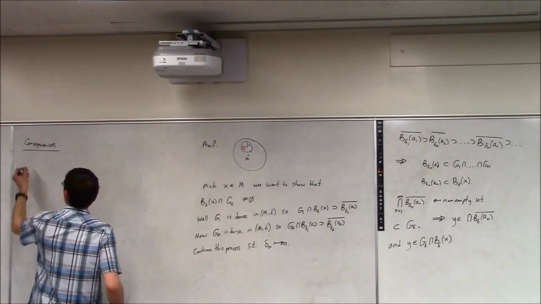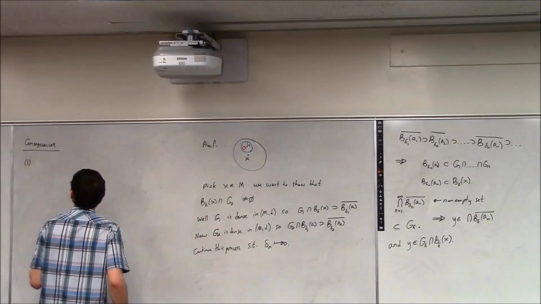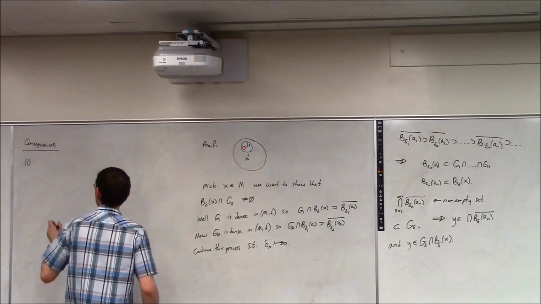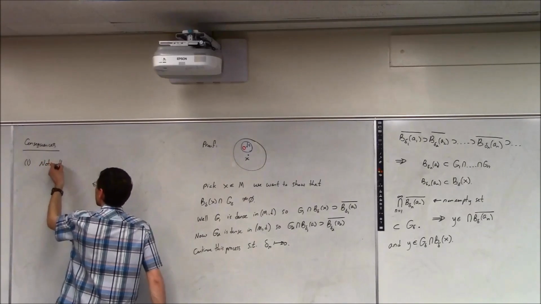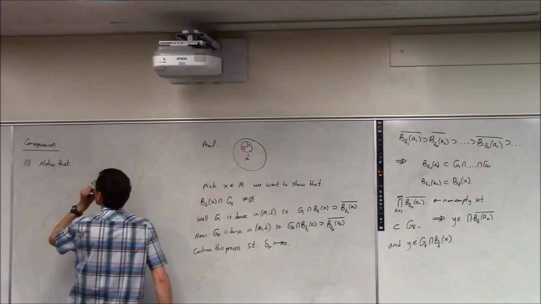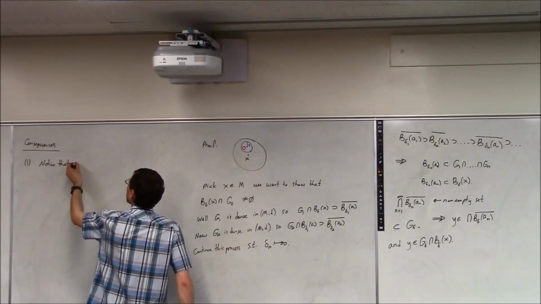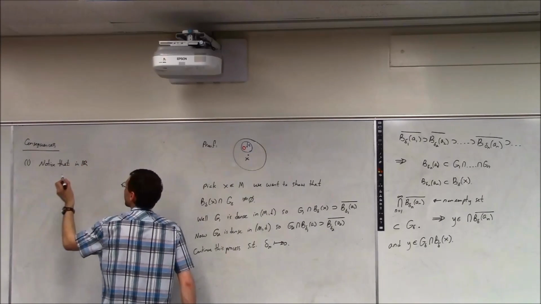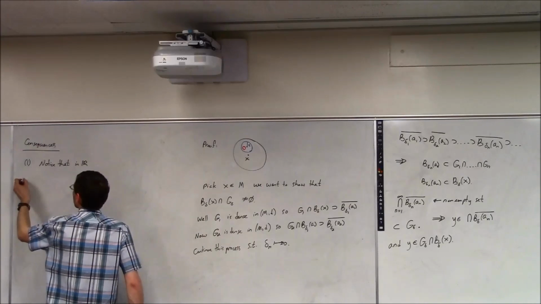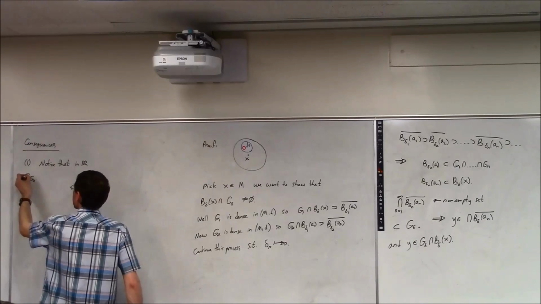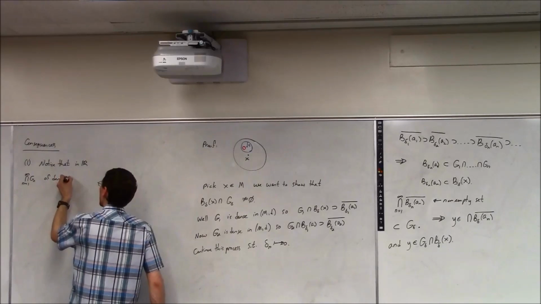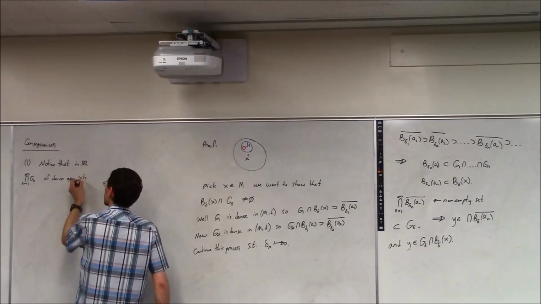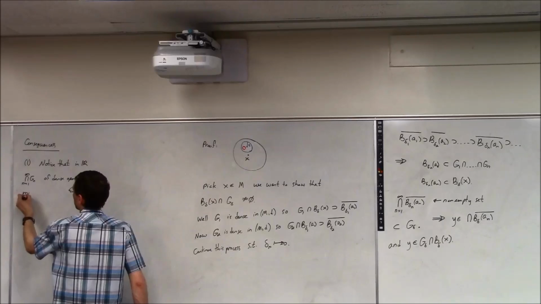So consequence 1. Notice that in R, the intersection Gn of dense open sets must be uncountable.